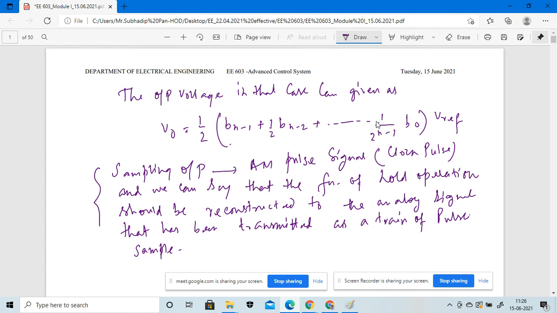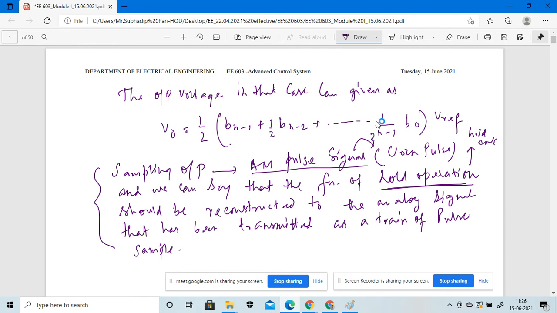So what does it signify? The sampling operation is nothing but an amplitude modulation pulse signal generated due to my clock pulse, and the hold operation will be taken into consideration in the whole circuit, obviously.